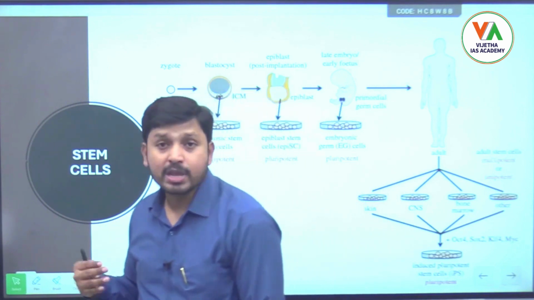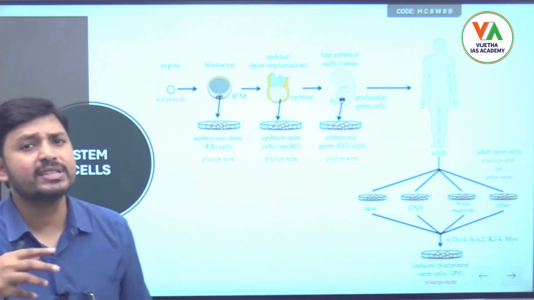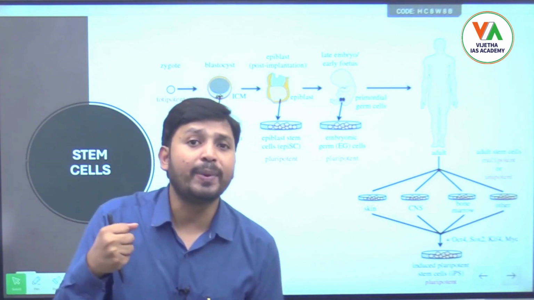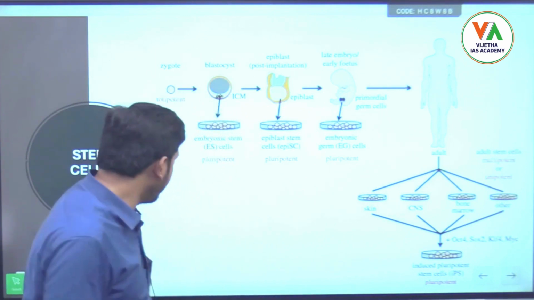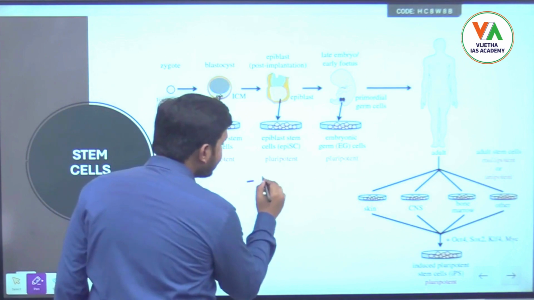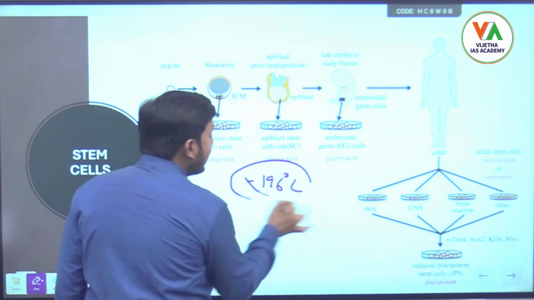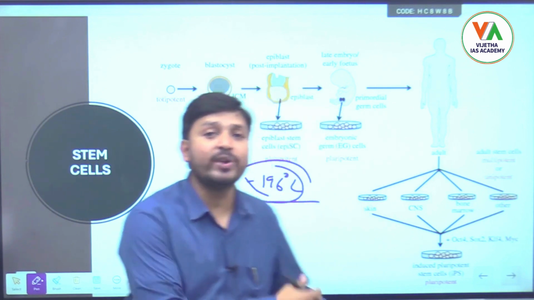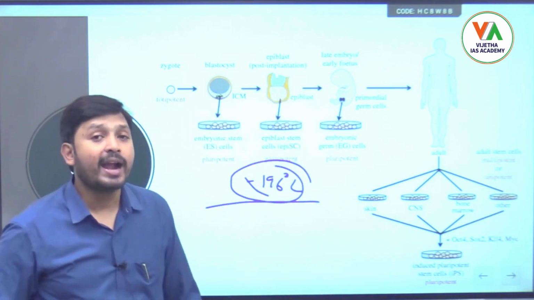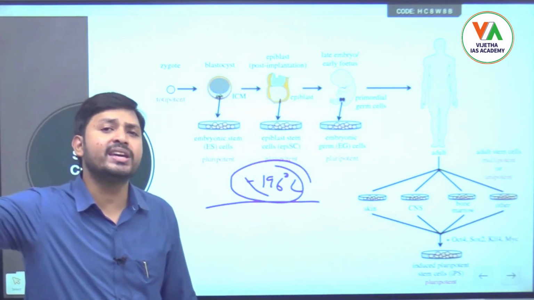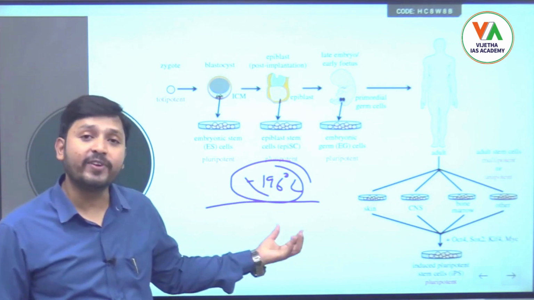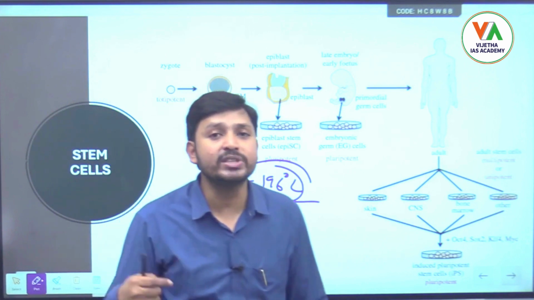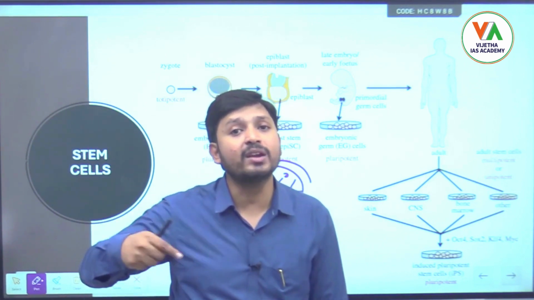Sometimes if you extract stem cells and store them in particular conditions, for example -196 degrees centigrade, and in future after 15 or 20 years I remove them from this temperature and start using them, then these stem cells will once again start functioning.